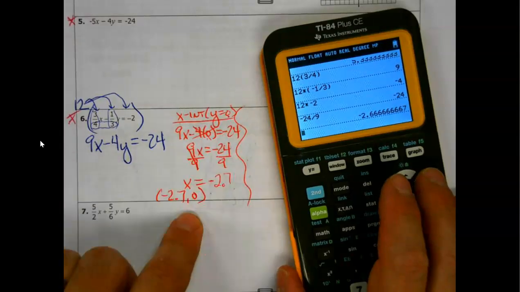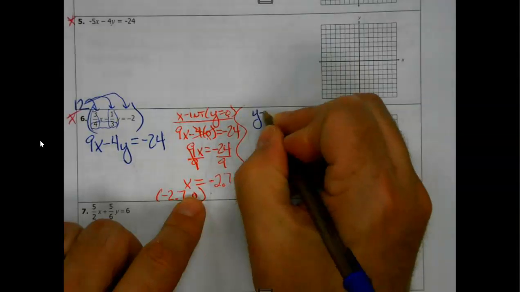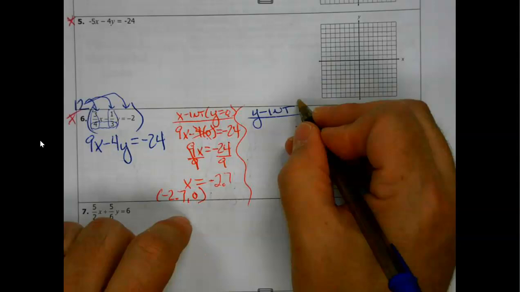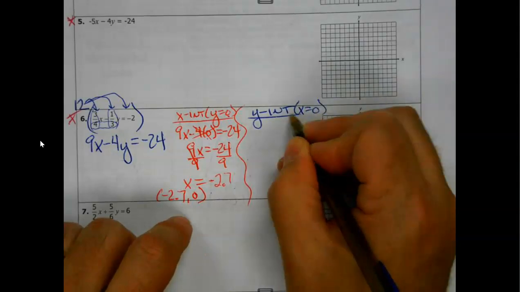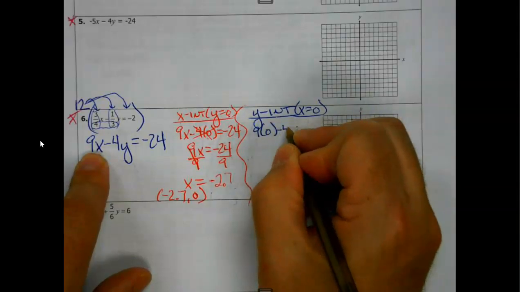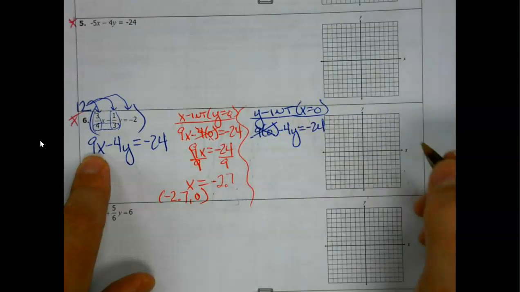And again, the y value on the x-intercept will always be 0. It doesn't change. We're going to keep it simple. Y-intercept, x equals 0. Goodbye, x value.